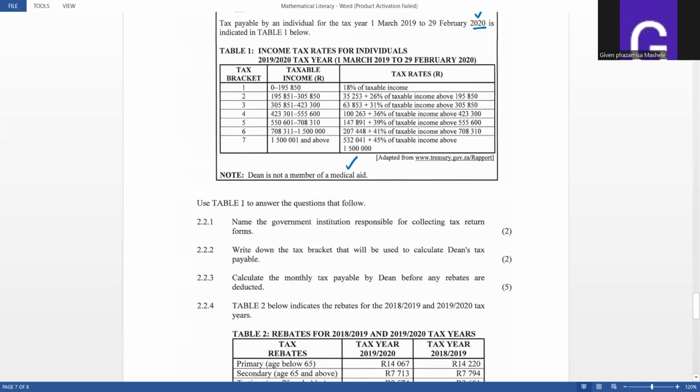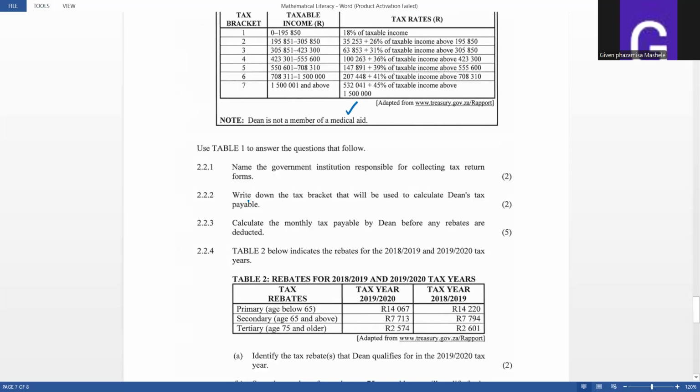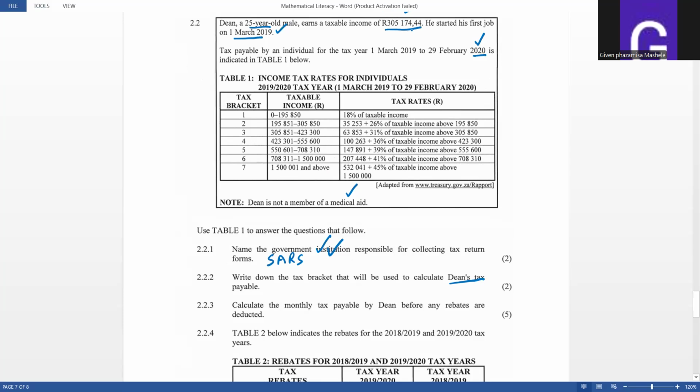The first question says, use Table 1 to answer the questions that follow. Name the government institution responsible for collecting tax returns. This is SARS, the South African Revenue Service. Write down the tax bracket that will be used to calculate Dean's tax payable. Since you were given an annual taxable income of 305,174 rand 44, we look at his tax bracket.